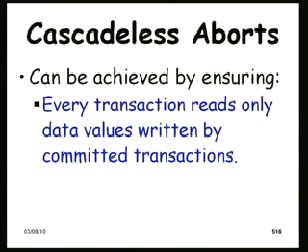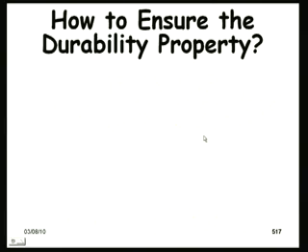But what about cascadeless aborts? This can be achieved by ensuring that every transaction reads only the data values written by committed transactions, and the results of a partially complete transaction are not shown to the other transactions. Naturally, this will restrict the concurrency or the response time if we do not allow transactions to use partially computed values.